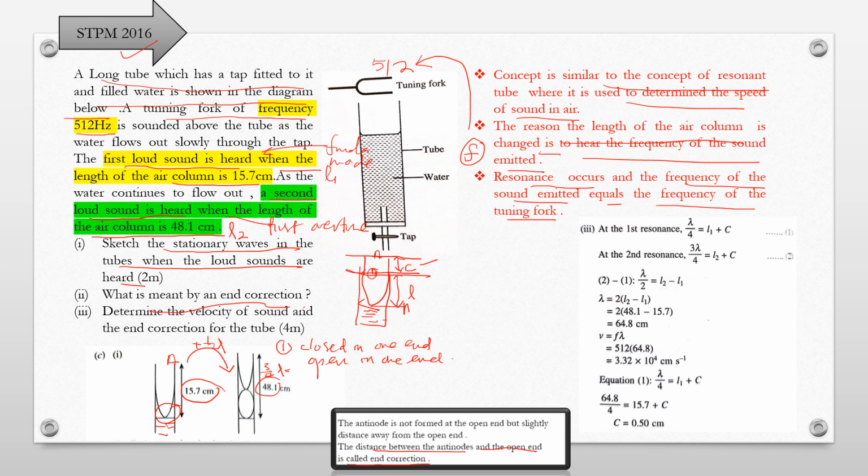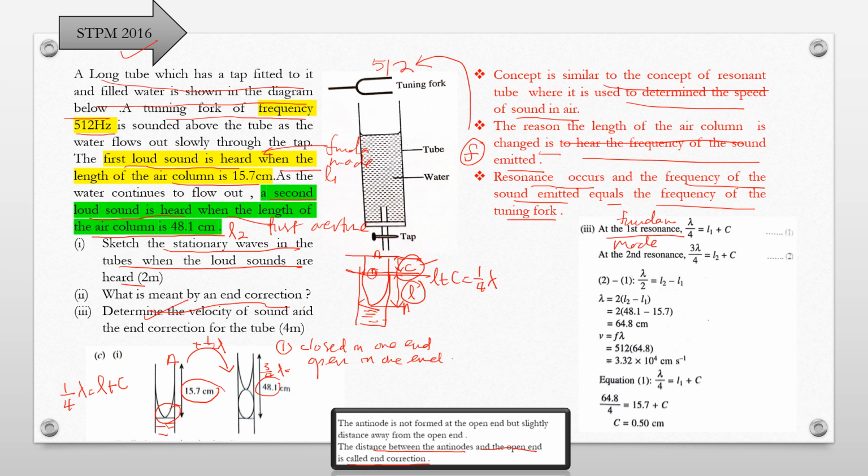Now, determine the velocity of sound. At the first resonance, I took this example from the past year's book, their solution. So this is the fundamental mode. Here you see it is quarter lambda, so quarter lambda equals L plus C. Write down here: L plus C is quarter lambda.